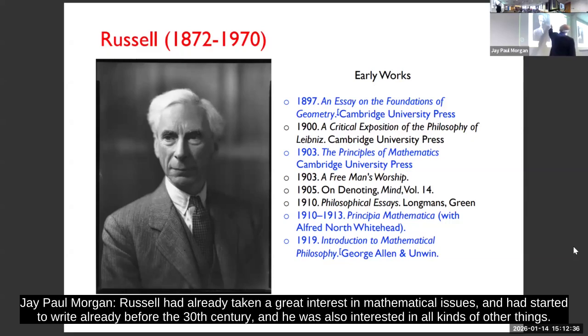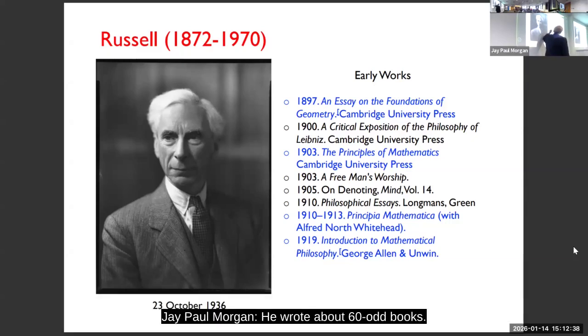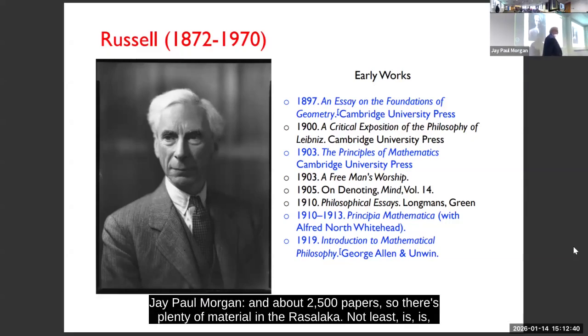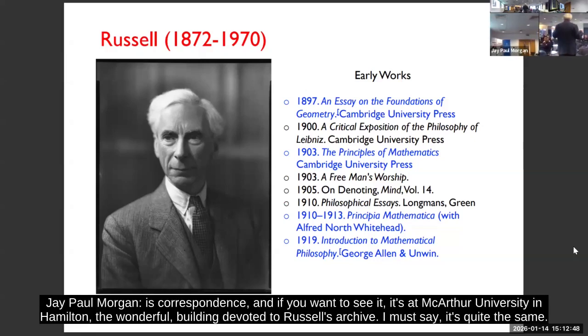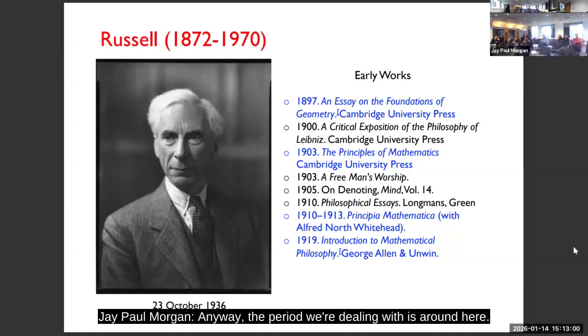And he was also interested in all kinds of other things. He wrote about 60 odd books and about 2,500 papers. So there's plenty of material in the Russell archive, not least his correspondence. And if you want to see it, it's at McMaster University in Hamilton, a wonderful building devoted to Russell's archive. I must say, it's quite a thing.